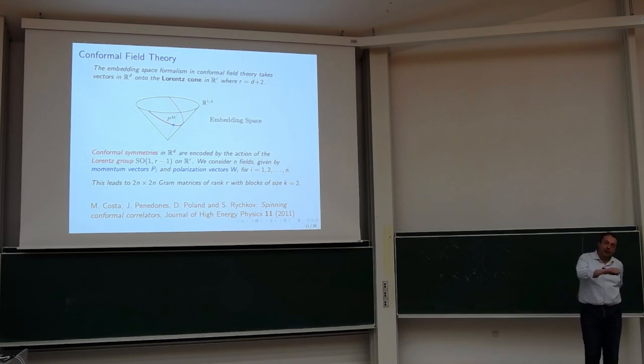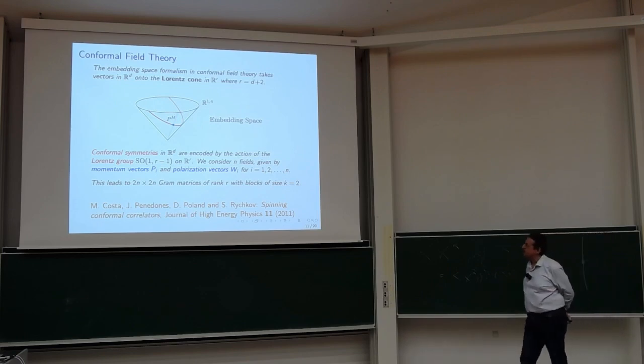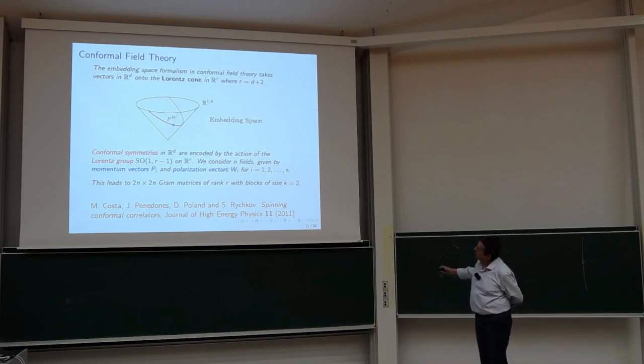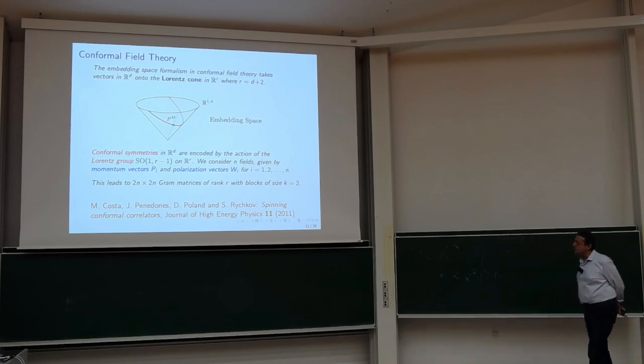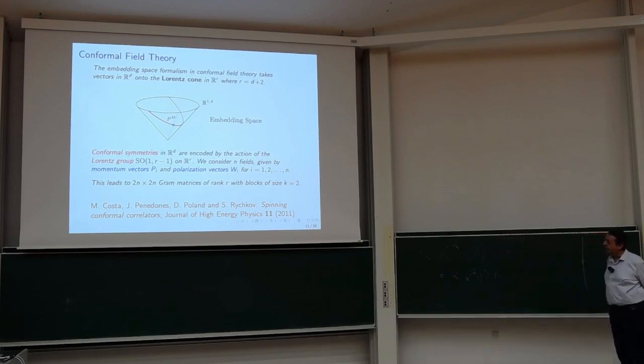But what particles are in particle physics becomes fields in cosmology. Both fields and particles have many representations. In particular, each of them has a momentum vector p_i and a polarization vector w_i, and the i ranges from 1 up to n. N is the number of different fields that we have.